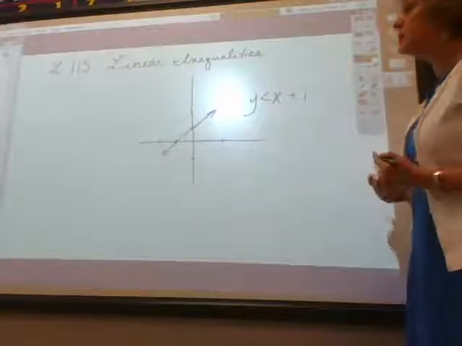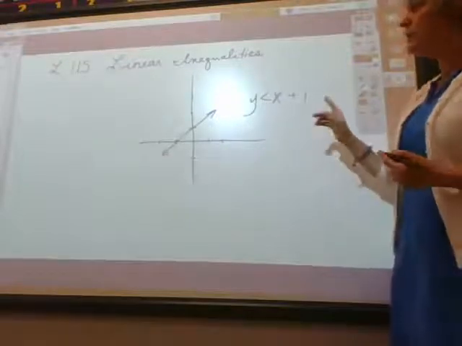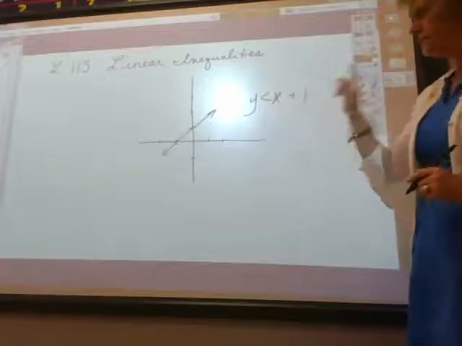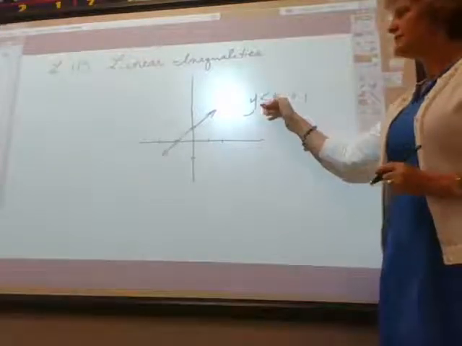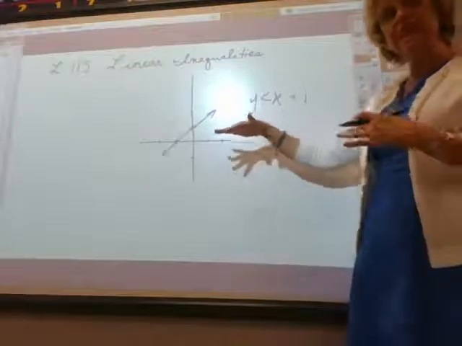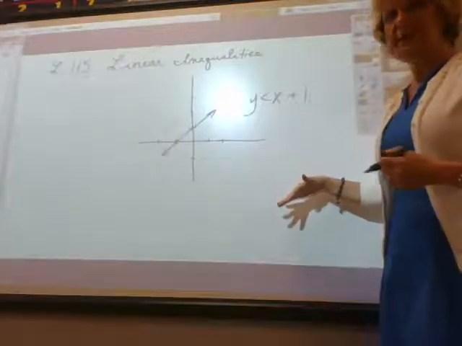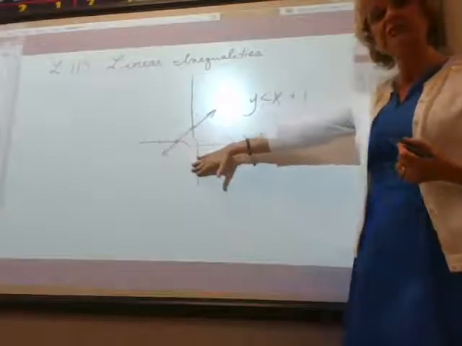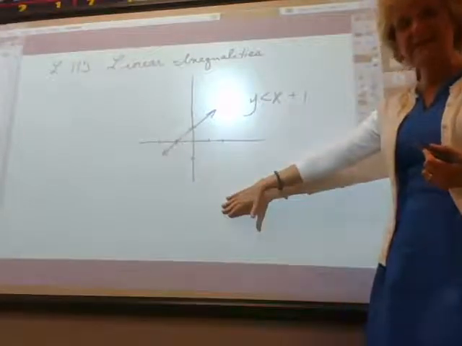It's pretty simple. So this is our starting point, as though it's equal. Now, if y is less than, my gut feeling is that I'm going to shade below this line, okay? Because I'm including things that are less than this line, okay?